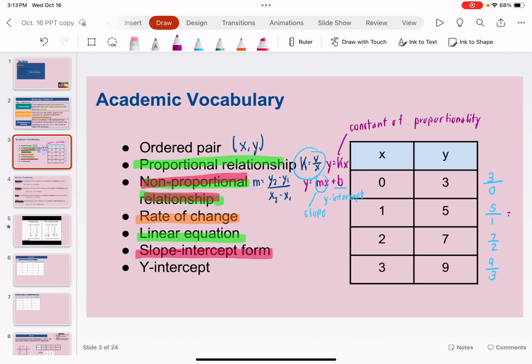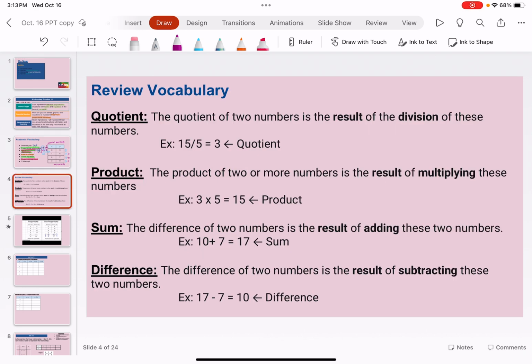We can't do that, but we have 5 divided by 1 is 5, 7 divided by 2 is 3.5, and 9 divided by 3 is 3. So we know that this is a non-proportional relationship. And so to find the rate of change, we would have to use this m is equal to y2 minus y1 over x2 minus x1.